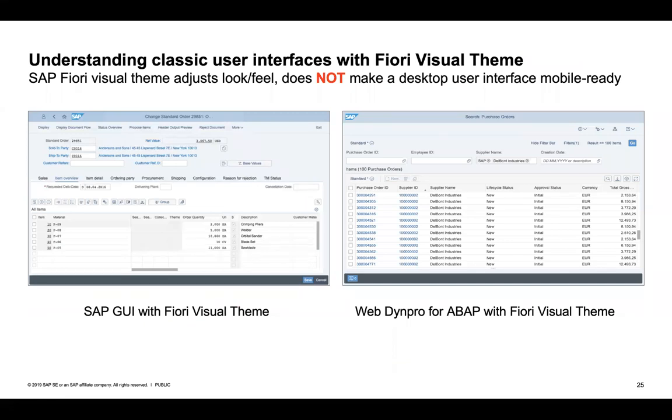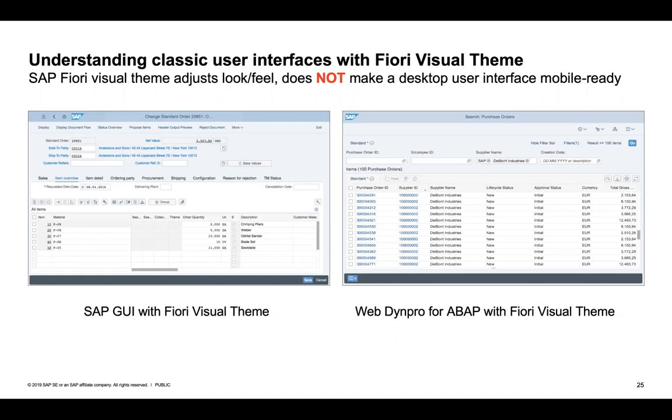Another common misunderstanding is thinking that SAP GUI transactions with Fiori Visual Theme or WebDynpro ABAP with Fiori Visual Theme are the same as Fiori apps. And no, they're not. The intention of the Fiori Visual Theme is to make it a lot easier to move around.